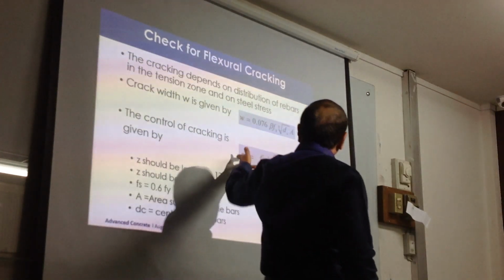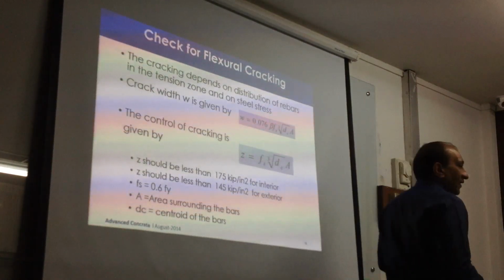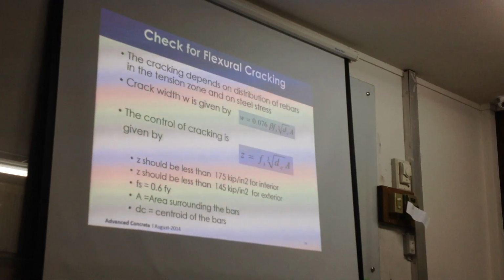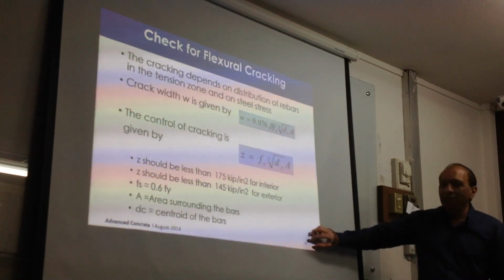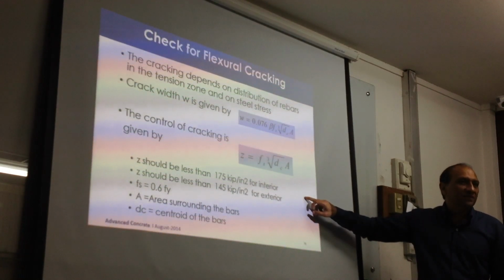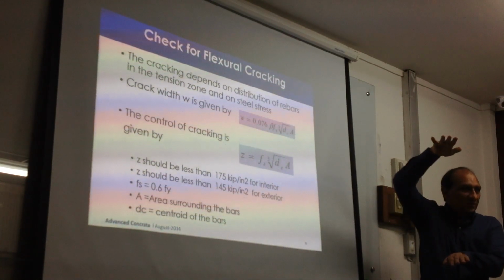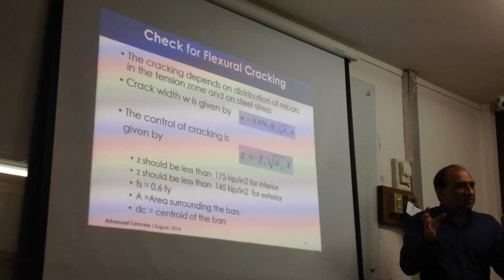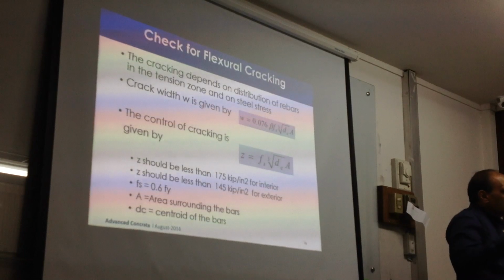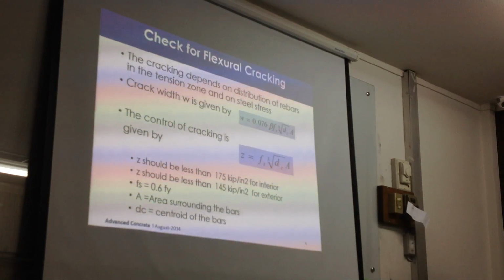And the Z factor actually is a factor dependent on the distribution of reinforcement. If you just put a lot of reinforcement at one location, a beam, then it will not crack here, but it will crack another location on the same beam, right, on a side. Because the stress, the strain and stresses will redistribute, and then the cracking will move to another location.